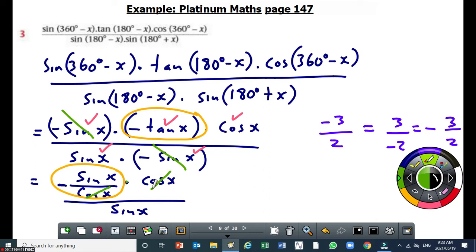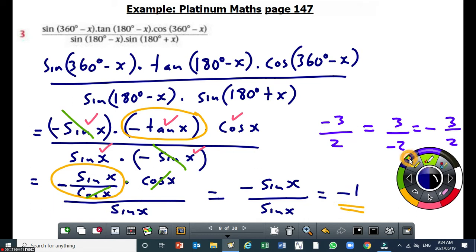If there was addition, subtraction, or division, you can't cancel out. You only cancel out if there is multiplication. So I'm going to be left with minus sine x over 1, which is the same as minus sine x. So I can write this as minus sine x divided by that sine x, and the final answer will be negative 1.